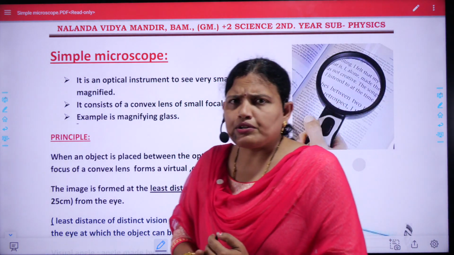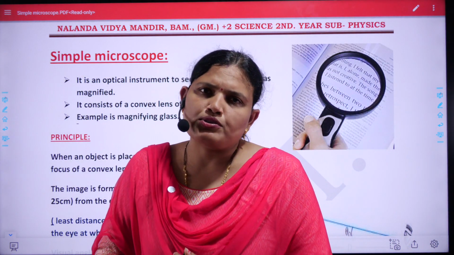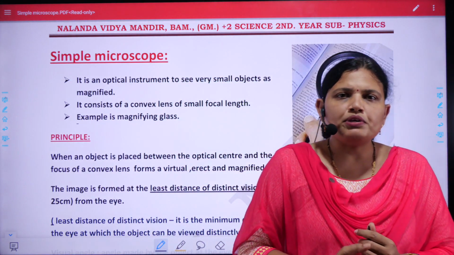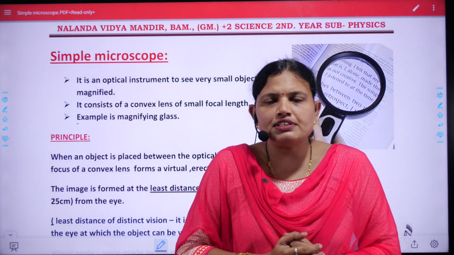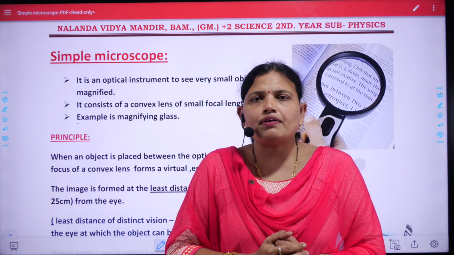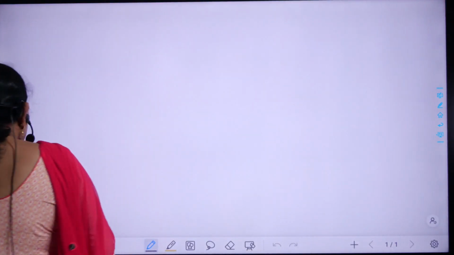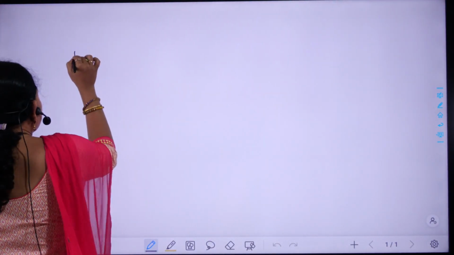So what is a microscope? What is the need of the microscope in our day-to-day life? A microscope is an optical instrument which is used to see the magnified image of a very small object. So what is a microscope?